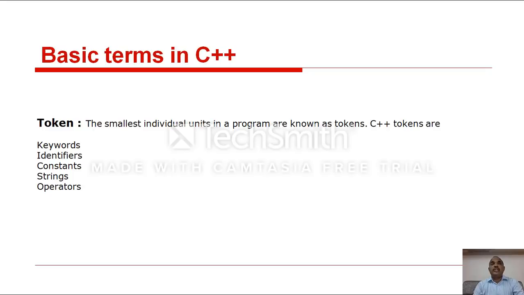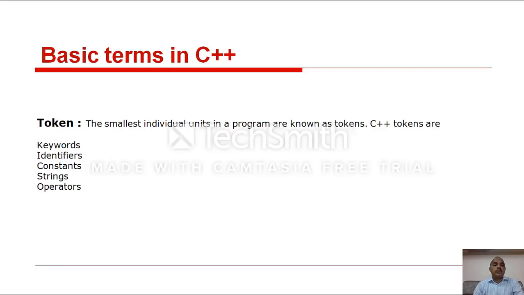What are the basic terms in C++? We know tokens. The smallest individual units in a program are known as tokens. What is a token? The smallest individual units in a program are known as tokens.